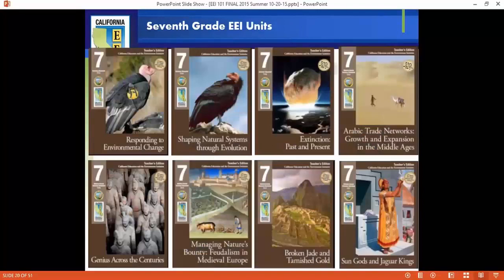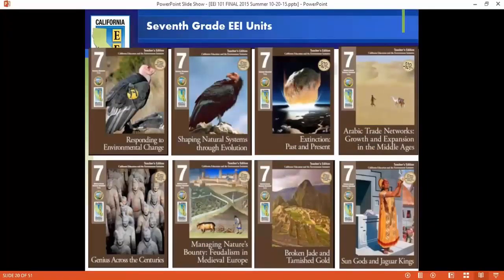Okay, seventh grade, there's some fun units. Extinction, there's a great California connection, looking at the La Brea tar pits, and actually we're going to be doing an in-person training down at the La Brea tar pits. Really? Yes. Oh, that sounds like fun. Soon. So if you're down in that area, check that out on our training page.